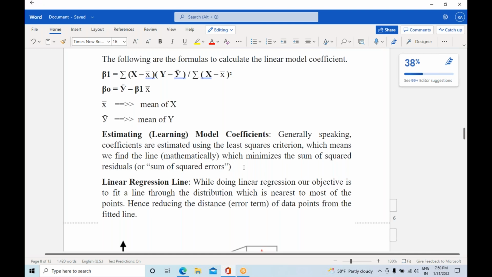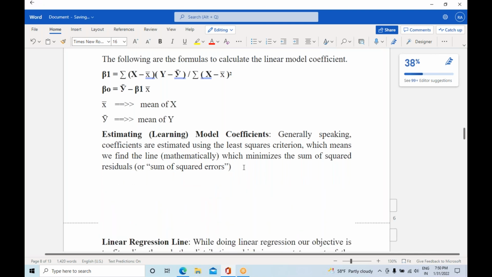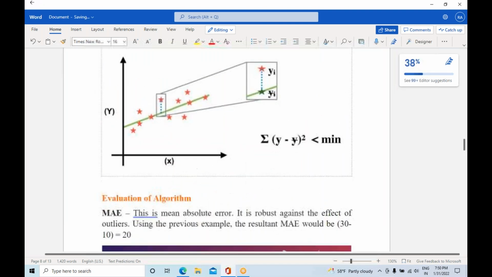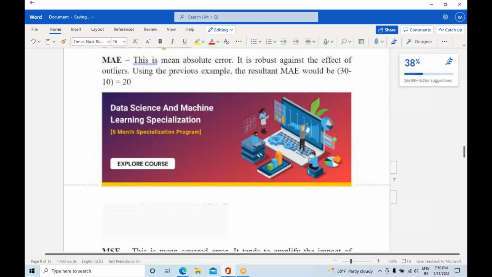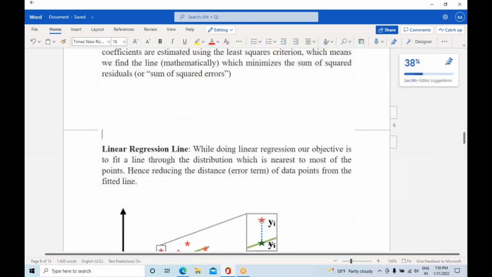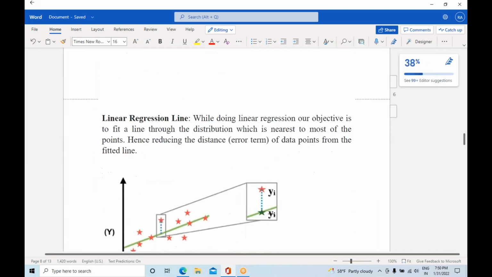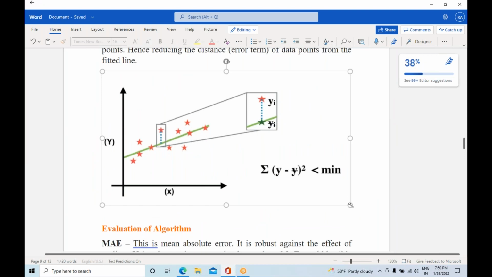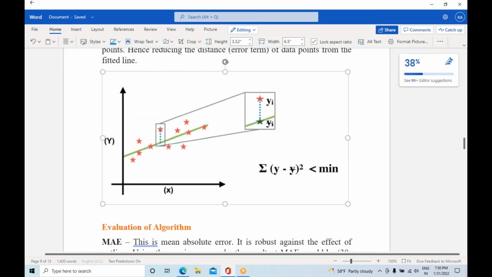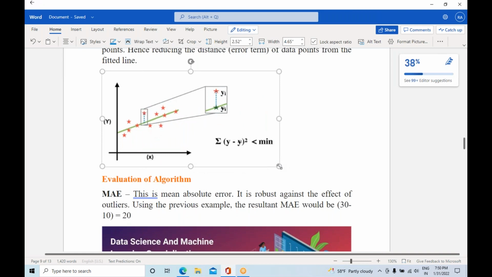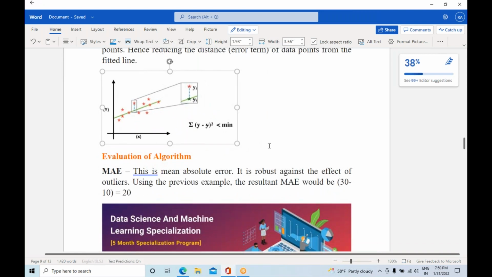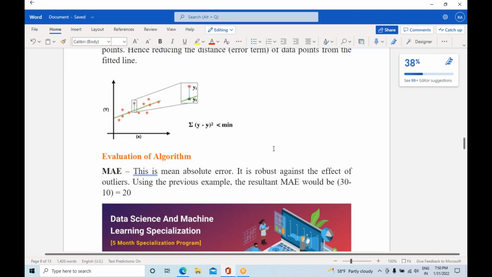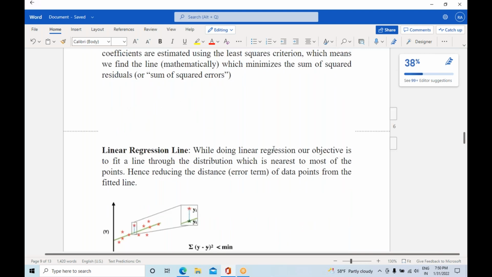We have some kind of parameters, evaluation metrics and methods, and with the help of those methods we can figure out the best fit line.